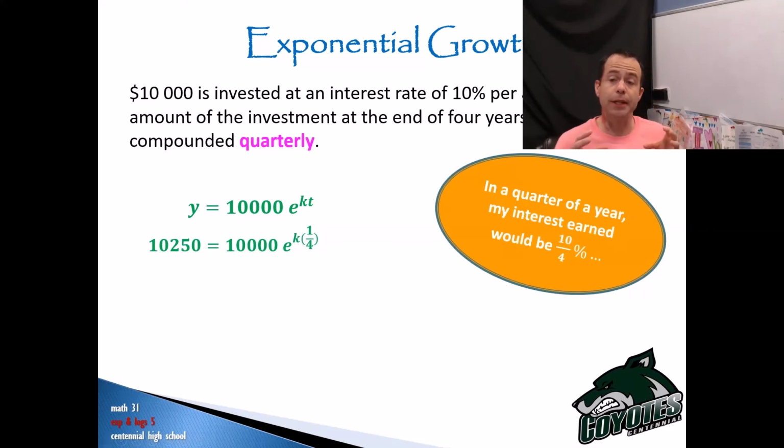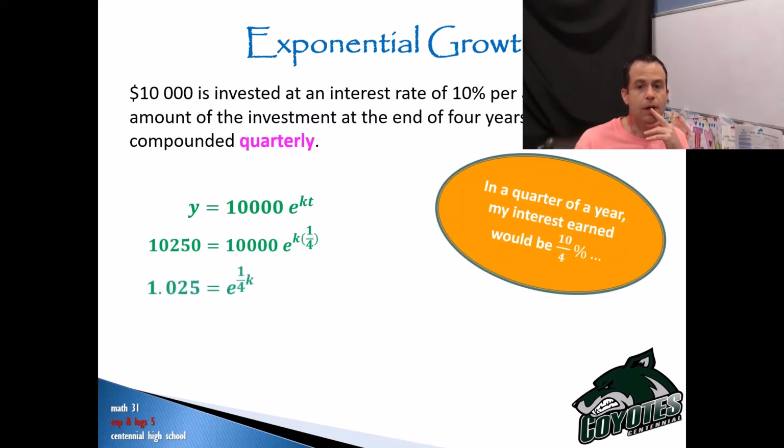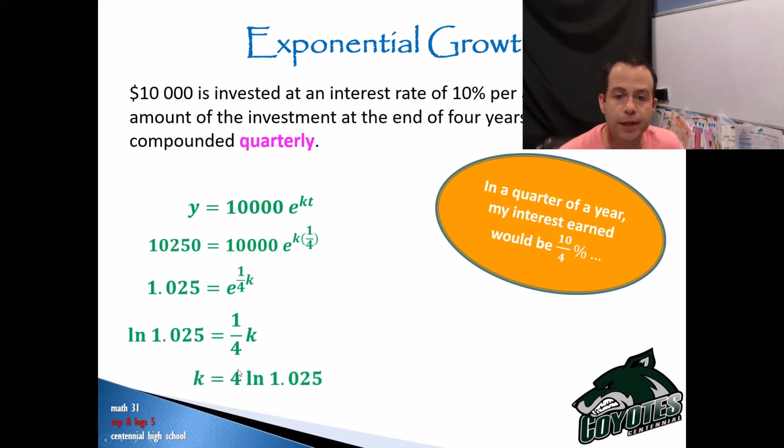Now I'm going to use this equation to solve for k. Divide both sides by 10,000, and then I need to switch this to log form. So I end up with ln of 1.025 equals a quarter k, which means k will be 4 times ln 1.025. I want you to notice that I now have a coefficient here, and this number has changed.